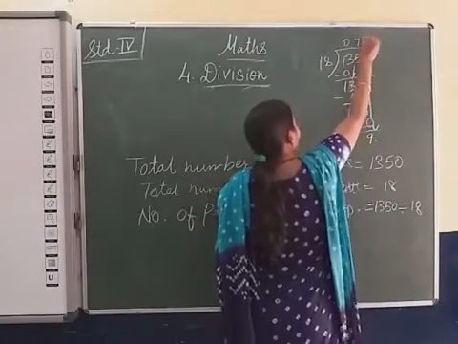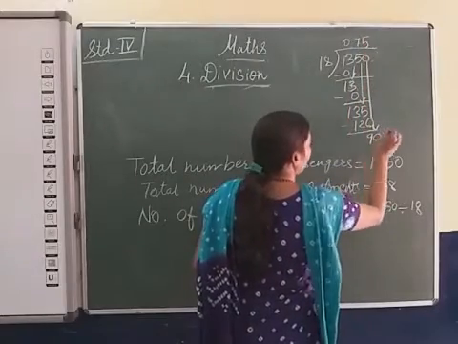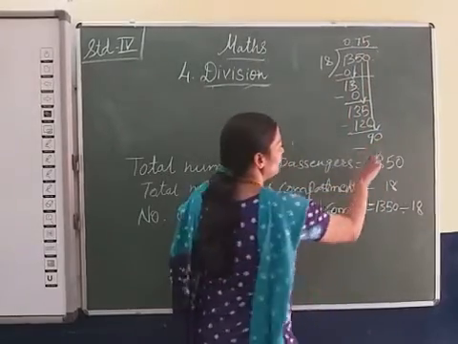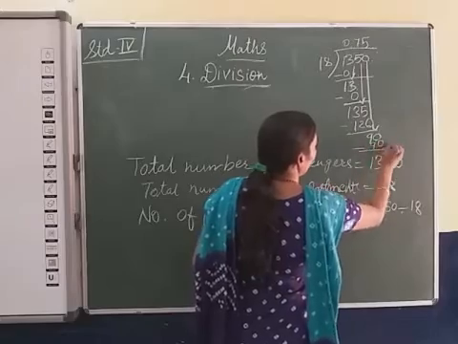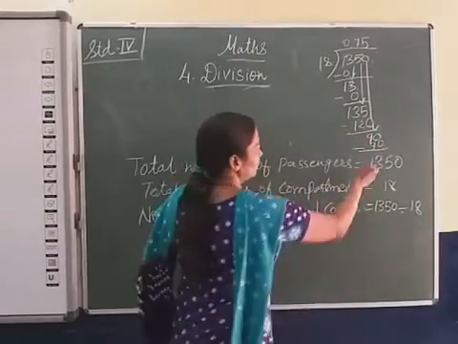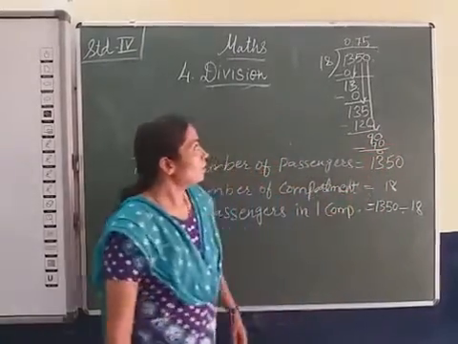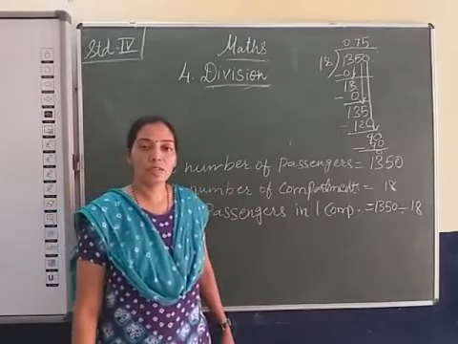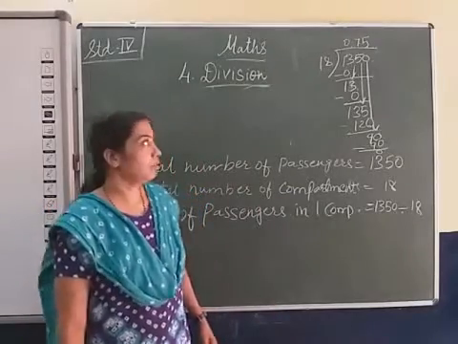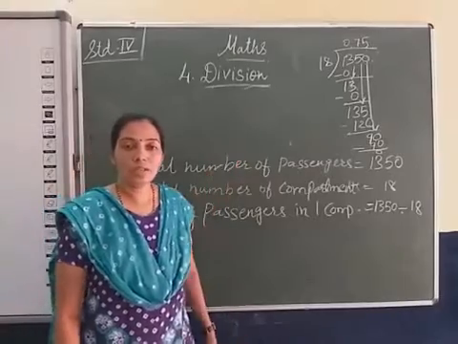18 fives are 90. Remainder 0. When we divide 1350 by 18, we get the quotient 75.